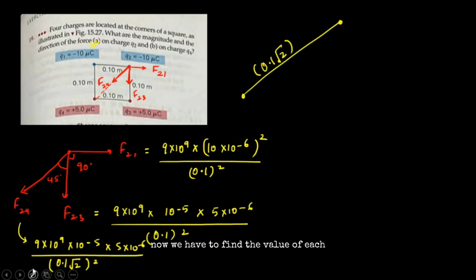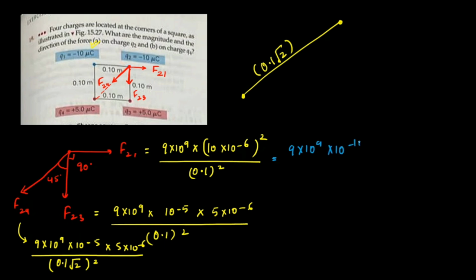Now we have to find the value of each. Let's solve this out. 9 times 10 to the power 9, 10 to the power minus 12, 10 to the power 2, so 10 to the power 10. So 9 into 10 to the power 9 into 10 to the power minus 10. 0.1 square is again going to be 100 on the top. So here you will get around 90 newtons.